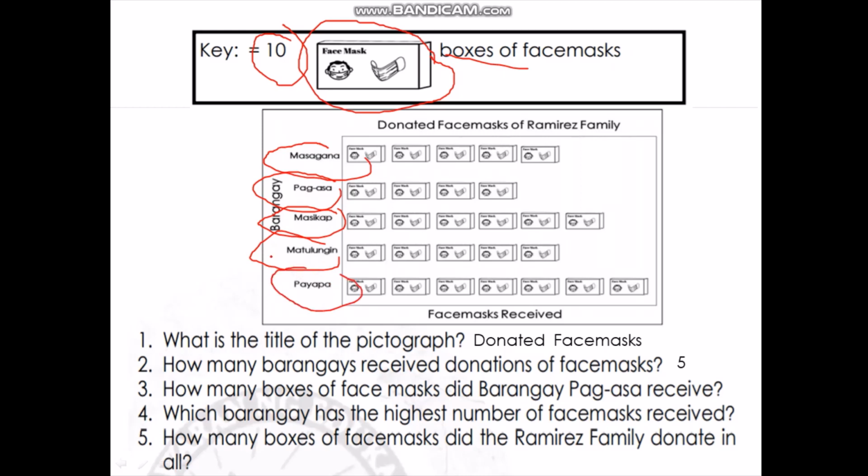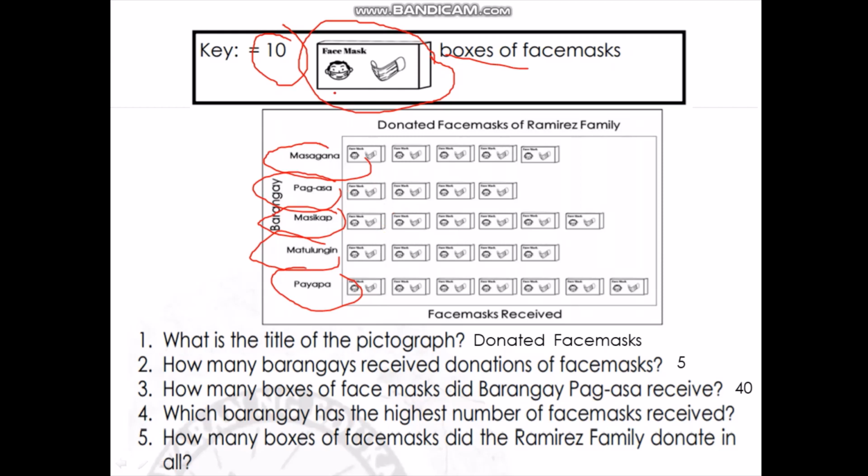Number 3, how many boxes of face masks did Barangay Pag-asa receive? Times up. The correct answer is 40. Why 40?